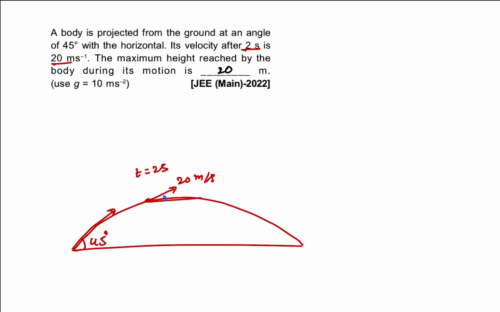Oh, the same kind of question I wrote earlier. Let us consider this angle as alpha. Vx is equal to Ux, and Vy is equal to Uy minus gt. With g as 10 and t as 2, I can write it as Uy minus 20.